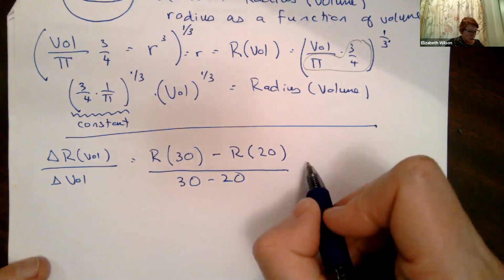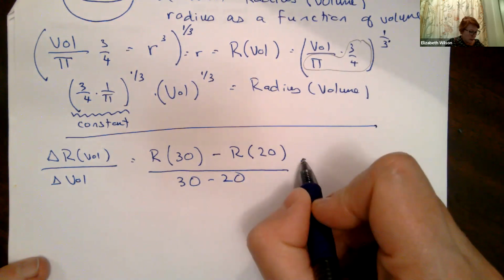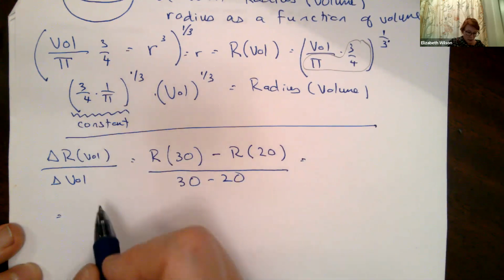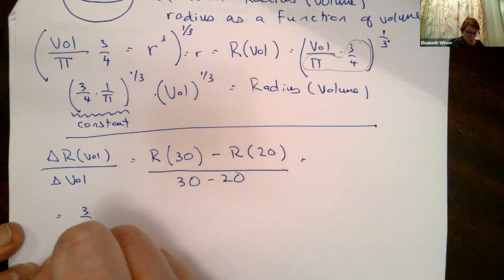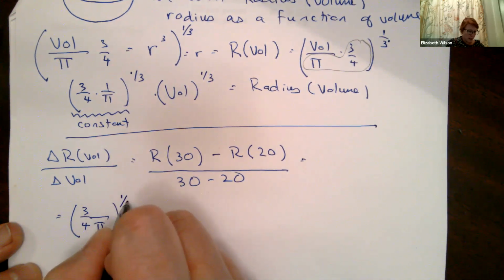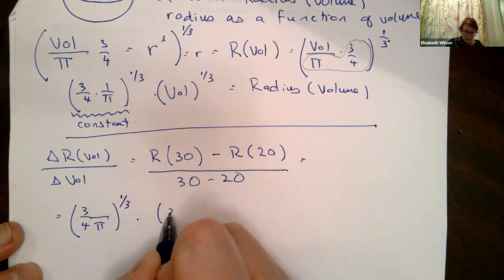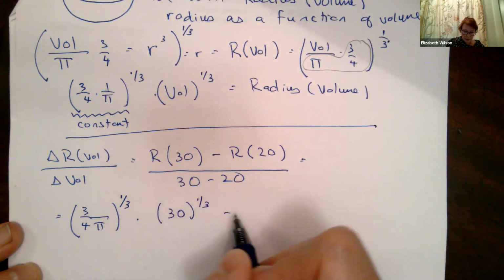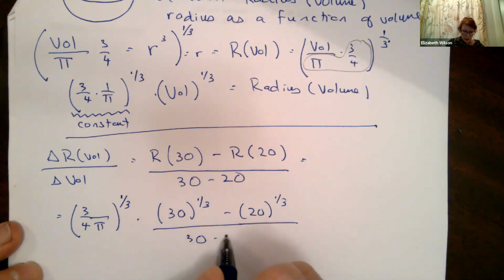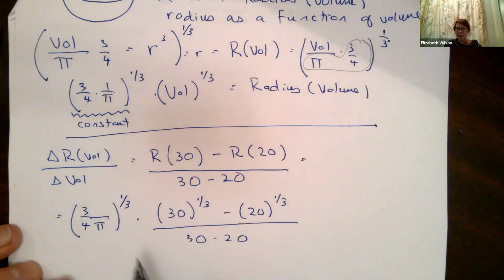Let's do this out, and I'm going to factor out this constant term. So I'm going to say 3/4 all over pi to the 1/3, times 30 to the 1/3 minus 20 to the 1/3, all over 30 minus 20.